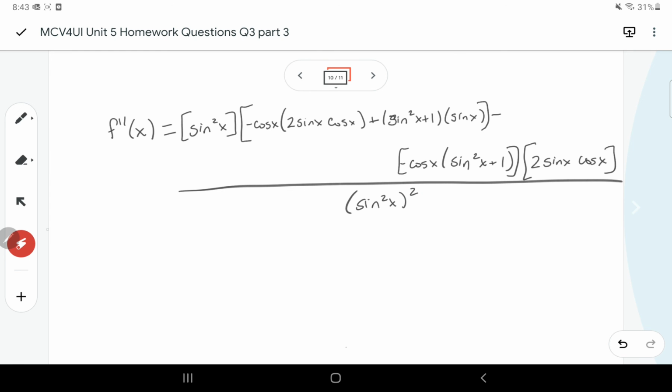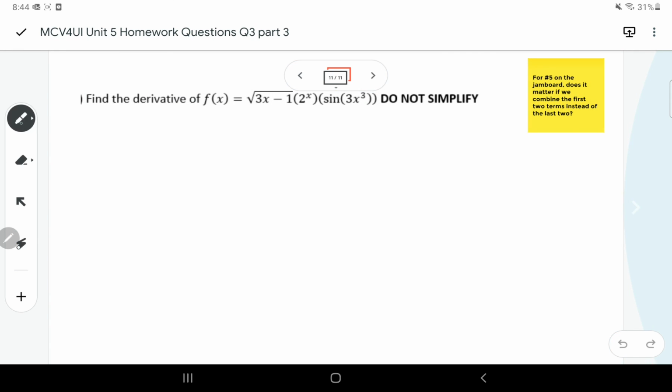And again, this is super messy. I would not expect it to be simplified. If you can do the first step, you're good. I may look up in the solutions and see if there's a simplification that I didn't notice, but I would look at that as a big one that you wouldn't be expected to simplify.